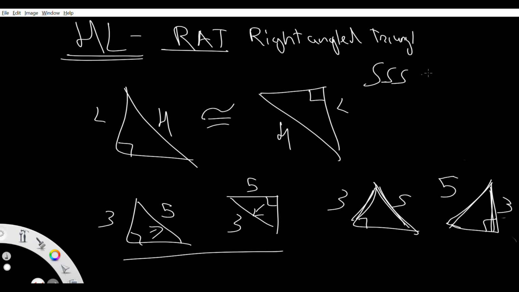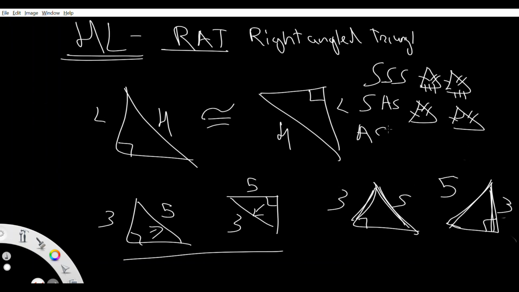Side, side, side is all sides are correspondingly the same. Side angle side is that two sides are the same and the angle in between them is the same, not anywhere else. Angle side angle, two angles, and the side in between them is the same.